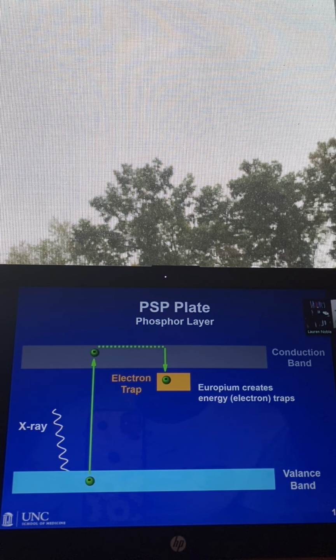But the thing is, when the atom is ionized, we don't want that electron to be lost and just go off into the nether regions.